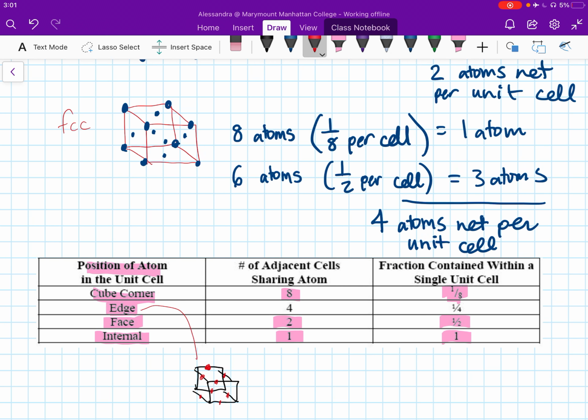So an edge-centered atom is going to be shared by 4 adjacent unit cells, and that means that each edge-centered atom contributes 1/4 of itself to the single unit cell. So you can use this kind of arithmetic to determine the cell contents, and that will help you figure out what the formulas are based on unit cell structure for different solids.